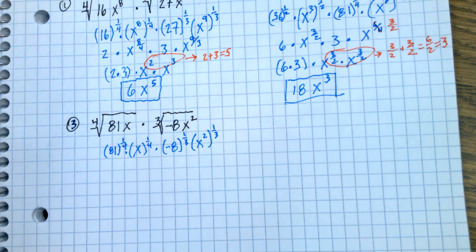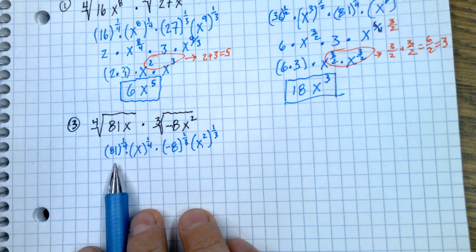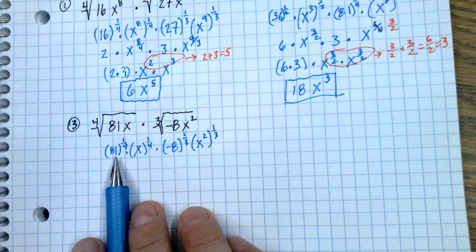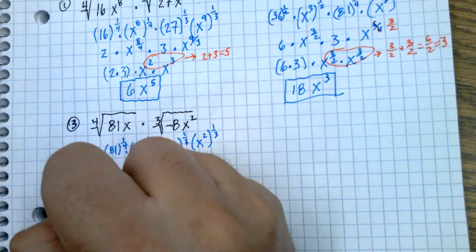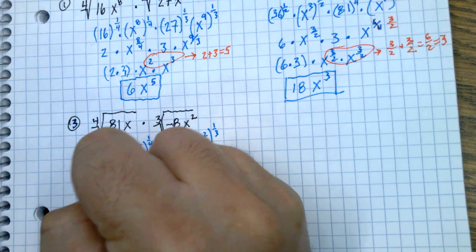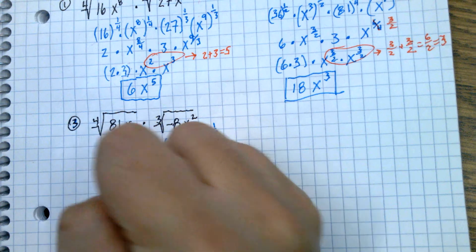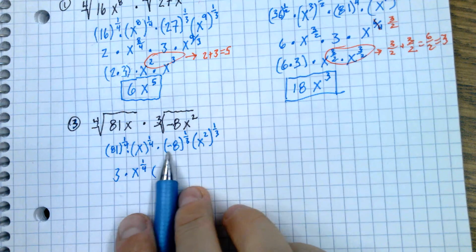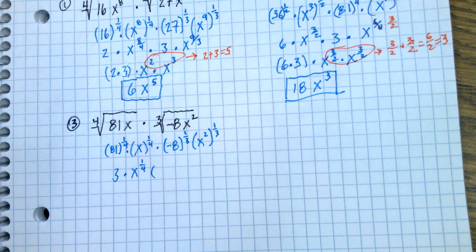All right. So let's go ahead and simplify. I think at this point we can say 81 to the 1/4 is how much? 3. I'm just going to write that as 3 times x to the 1/4. And then -8 to the 1/3. Let's all figure out what that is.